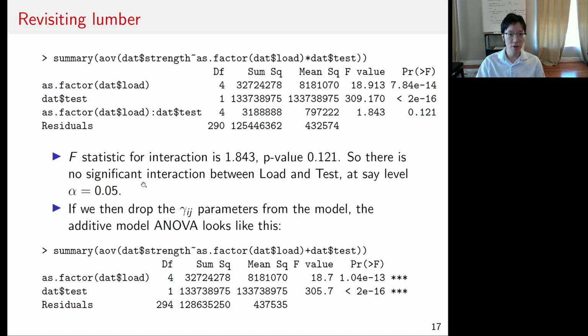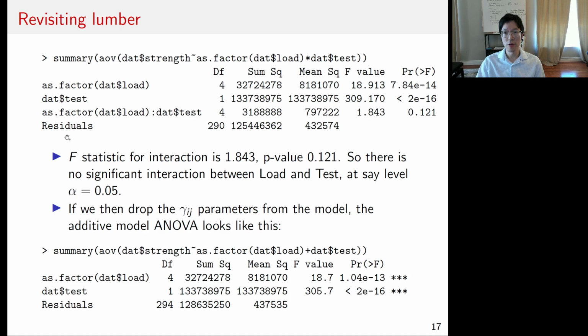Okay, so we follow the interaction workflow and say we do another ANOVA table. The interaction is not significant, so suppose we drop it out, so that this row disappears. Now we do another ANOVA table without the interaction row, and this is the result.